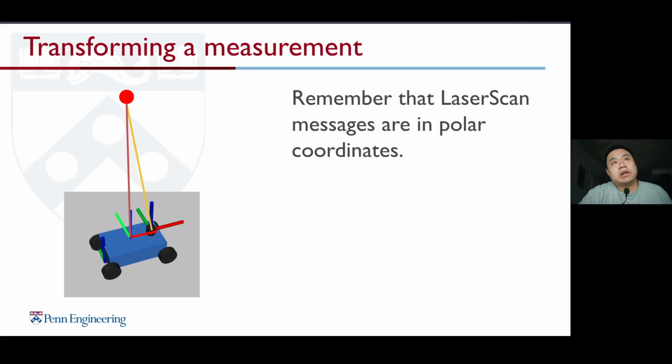Okay, so let's go back to transforming a measurement in our example. Remember that laser scan messages are in polar coordinates instead of Cartesian coordinates, so you need one more step before you can perform the transformation.